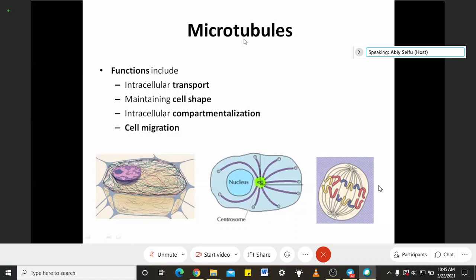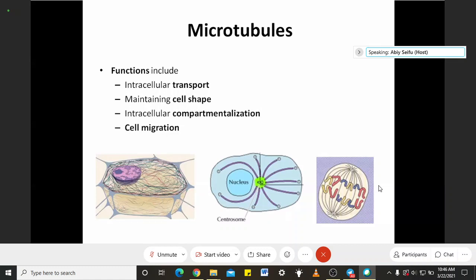And here are the additional functions of microtubules, which are important for intracellular transportation. They are also important for maintaining cell shape because we said they are part of the cytoskeleton. They are important for compartmentalization. Look at such a network, a jelly type of network orientation of the interior of the cells, there are several compartments which are filled by the different organelles and cytoplasm.